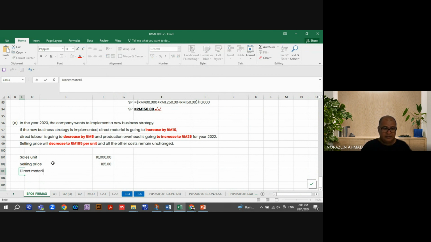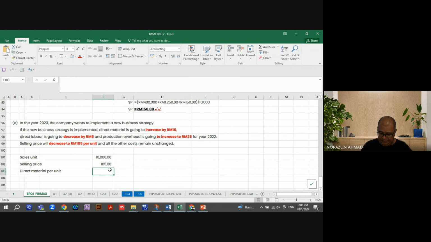Direct material per unit increase by 10 ringgit.